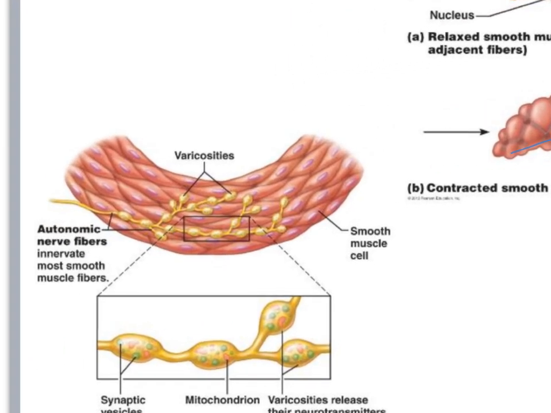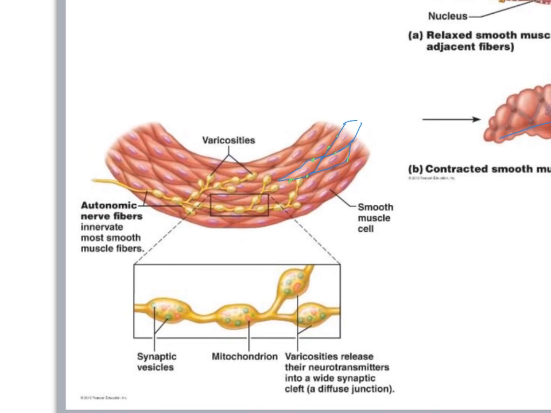So when you look at the structure, you've got those spindle-shaped cells that are all next to each other, all right? They're going to have these gap junctions between the cells so that things can move between them. Now, these varicosities, so whenever you see the word varicosity, you're looking at a web. It's like a web of nerve endings or a web of blood vessels.